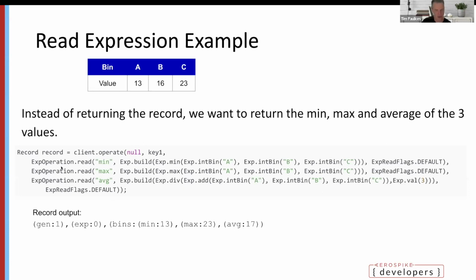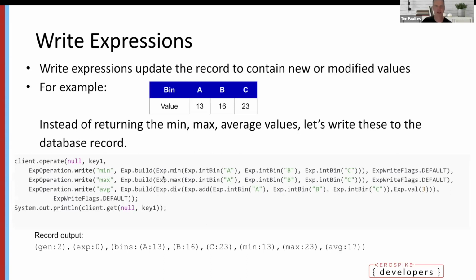So again, I'm going to do an expression read, passing the bin I want returned, so the minimum, and in this case, I'm going to use exp.min of the integer bins A, B, and C. Same thing for the max. And then for the average, I'm going to divide those sums by the value 3, and that'll give me the average. So I'm using the server power and the fast evaluation of these expressions to derive these quantities.